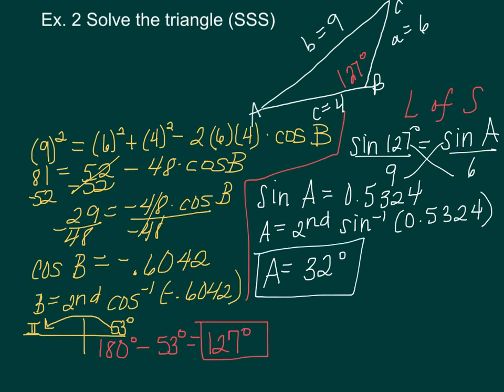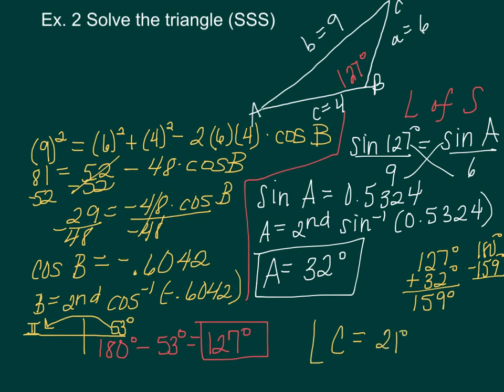Well, you just add 127 plus 32. That gives us 159. Subtract that from 180. So angle C is 21 degrees. And now that triangle is solved.